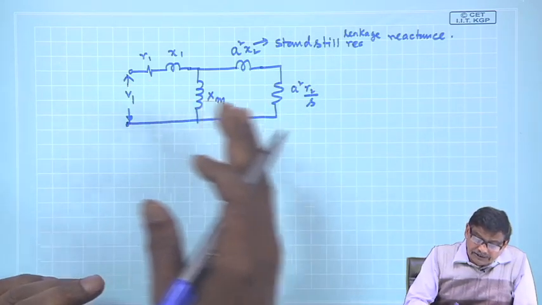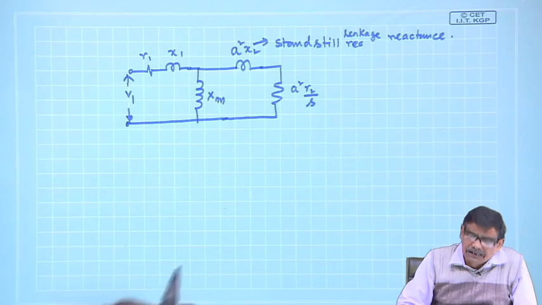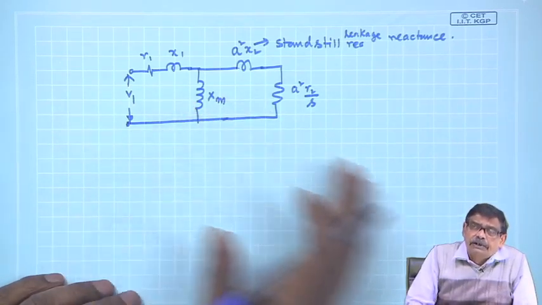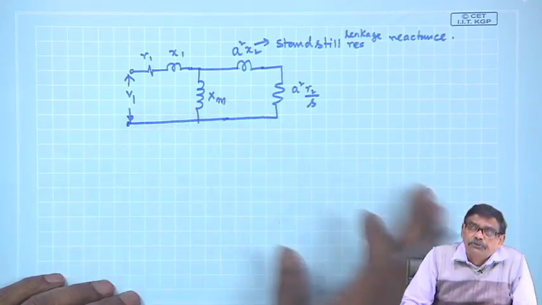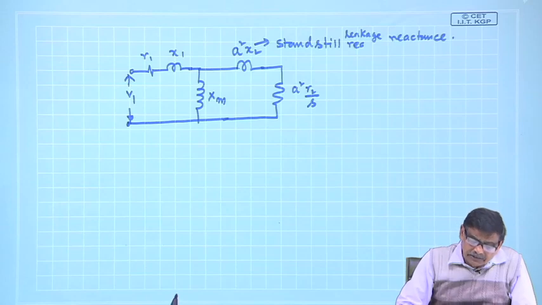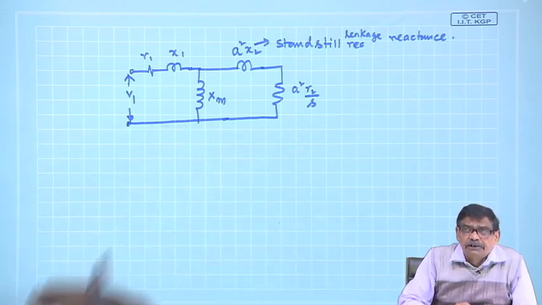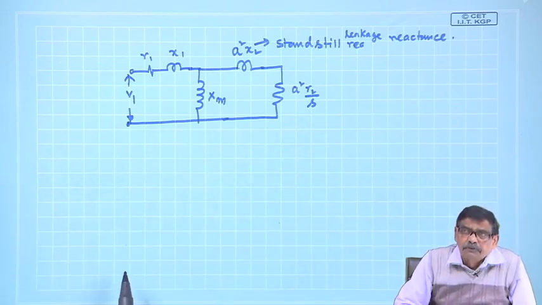Now, once this equivalent circuit is drawn, then the rest of the things are routine. I will show you how. That is, you can now develop the expression for the torque of the induction motor.